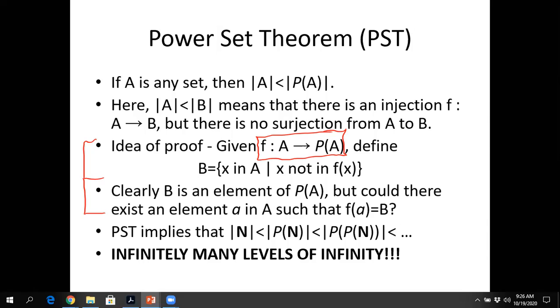So let me rewrite that. Let's go into a little whiteboard mode here. Let's talk about this. Somebody's handed me a function that goes from a set to its power set.